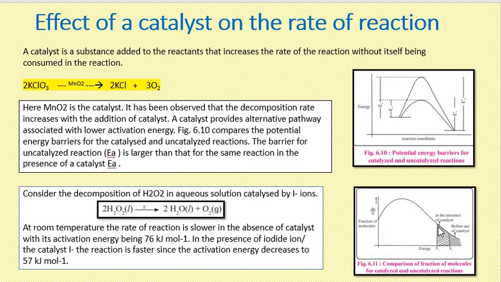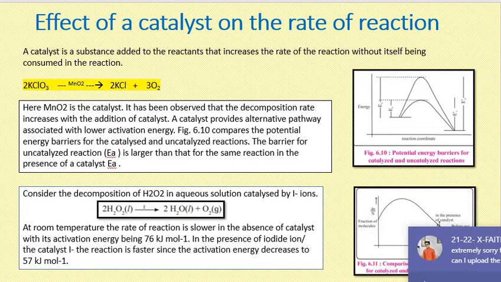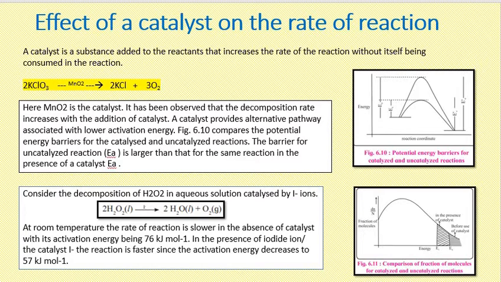That is why the compound will decompose quickly, and such reactions are called catalyzed reactions, and because of the presence of catalyst, the rate of reaction will also increase. So this is all about the effect of catalyst on a rate of reaction.